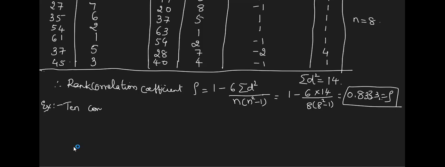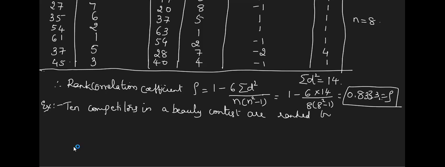10 competitors in a beauty contest are ranked by 2 judges, A and B, in the following order.